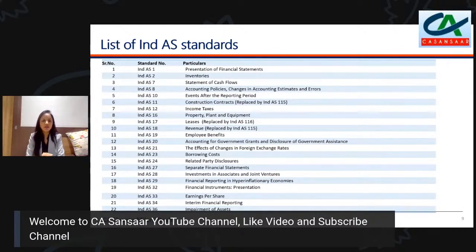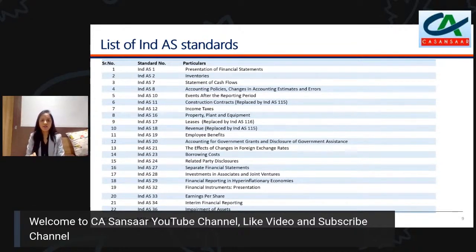Under Ind AS, there is no concept of promoter's grant. Each and every grant received from the government has to be mandatorily classified into asset-related grant or income-related grant. Other than this, you don't have any other classification for the purpose of Ind AS 20. So this is one of the major differences compared to the previous Indian GAAP.